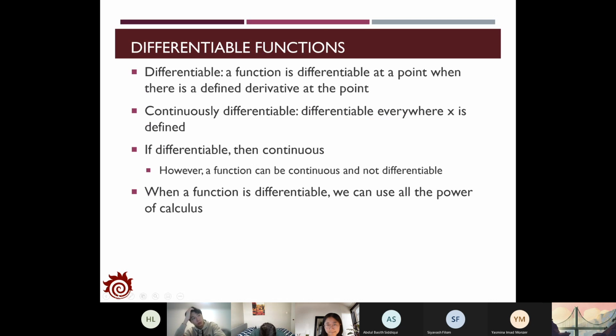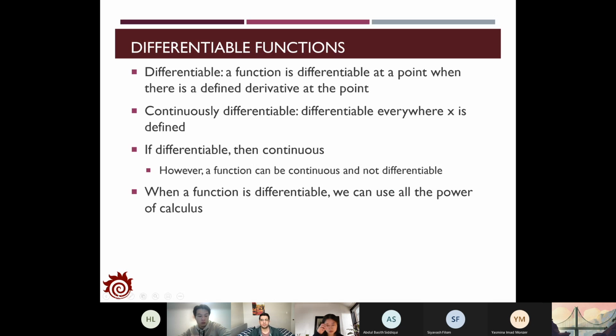And for the continuous function, usually we'll be able to take the derivative of the function, and that's one key part of the calculus, which we call the differentiable functions. Differentiable indicates that at a point of the function we are able to find the derivative of the function.